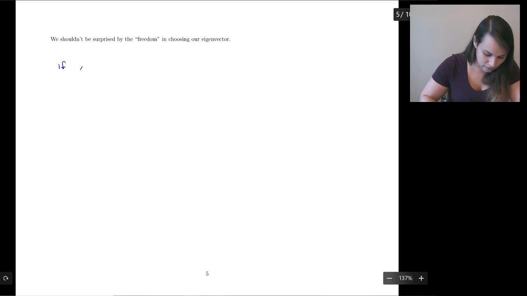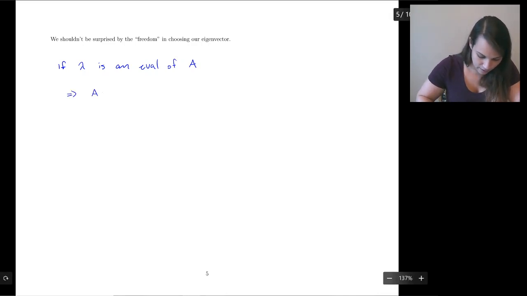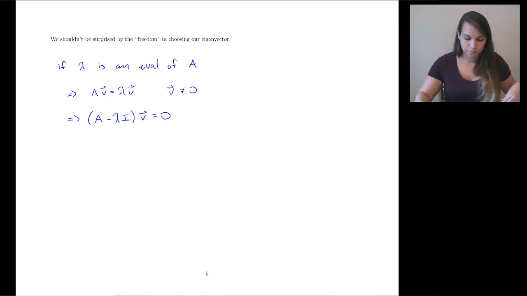If lambda is an eigenvalue of A, then we should have Av equals lambda v, where v is non-zero, which means we do the whole subtraction and we do the I thing so that we can factor the v again, just like we did on the last slide.